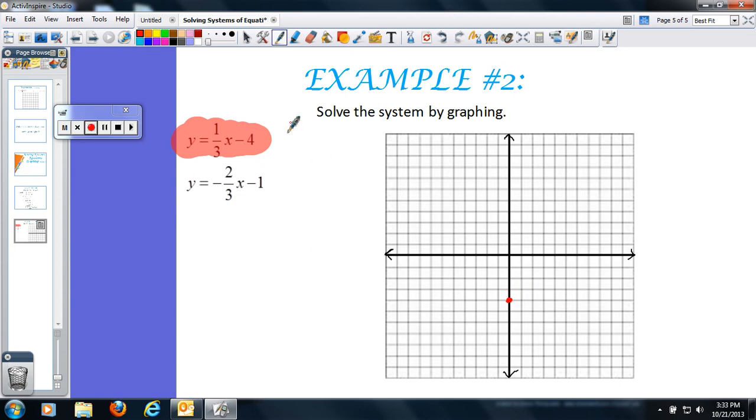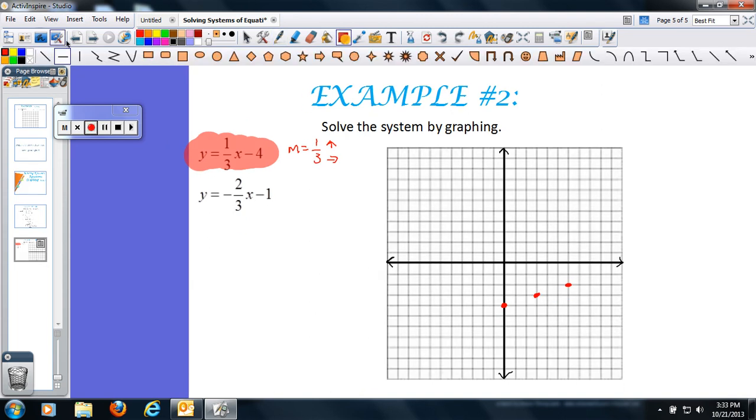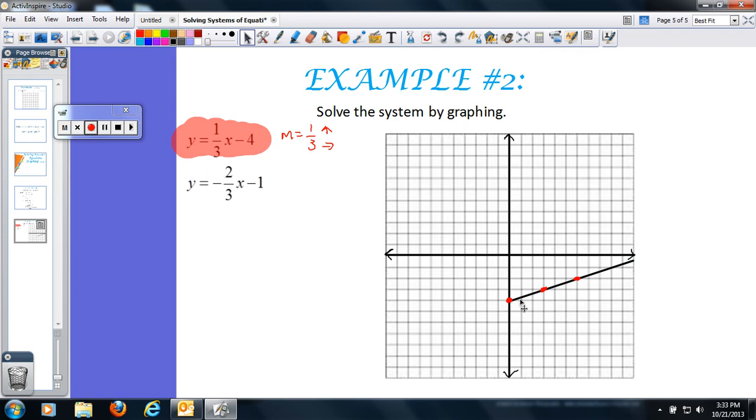My slope is 1 over 3, which means I go up 1 and I go right 3. 1, 1, 2, 3, I put a point. And then I go up 1 and right 3 again, and I put another point. So this is going to be my first graph, excuse me. We're going to go ahead and connect the 3 dots.